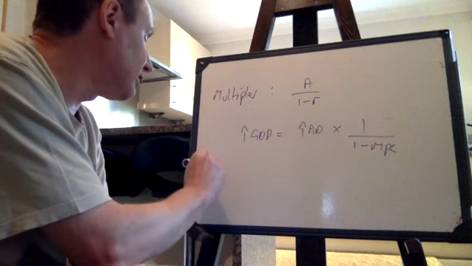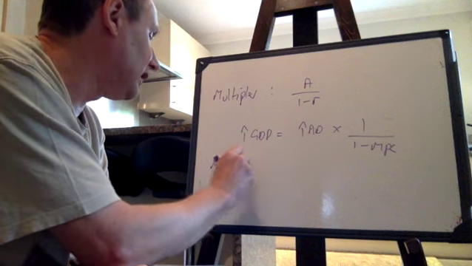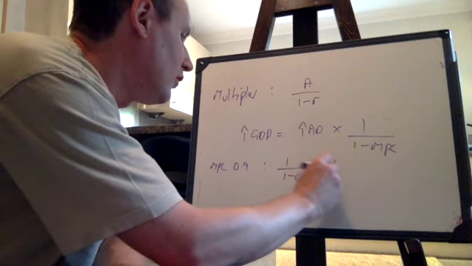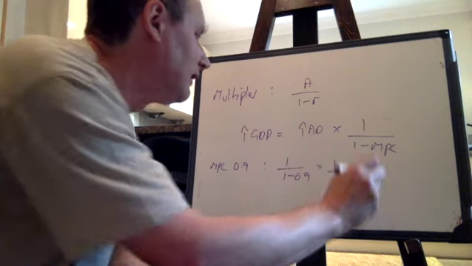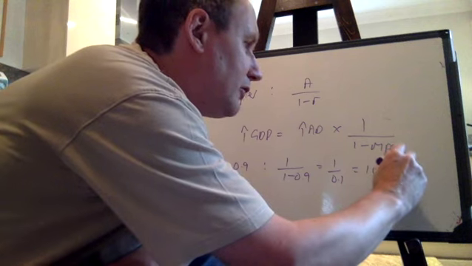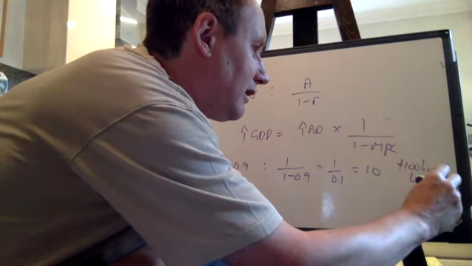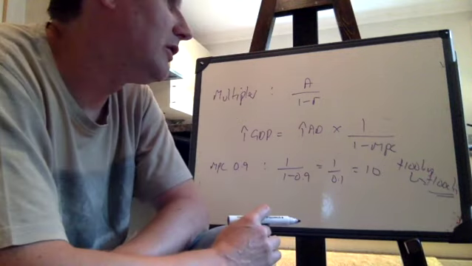So when the marginal propensity to consume is 0.9, the multiplier is 1 over 1 minus 0.9, which is 1 over 0.1, which is 10. So the £100 billion worth of demand would eventually have led to £1,000 billion worth of GDP.